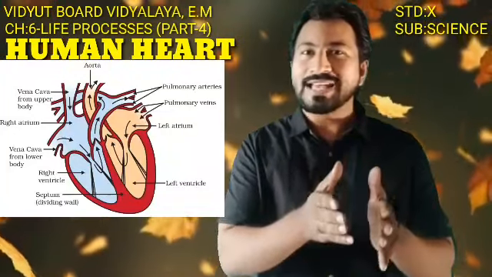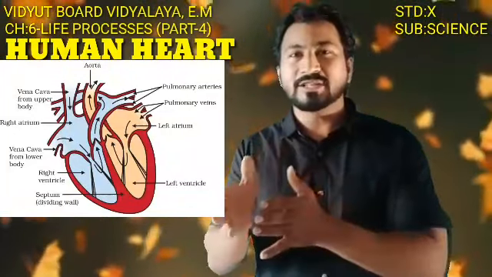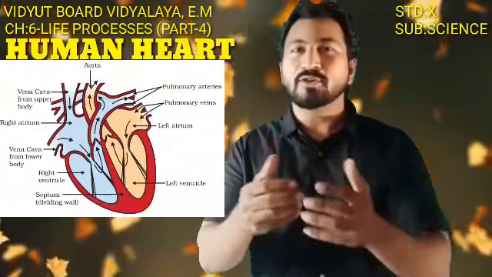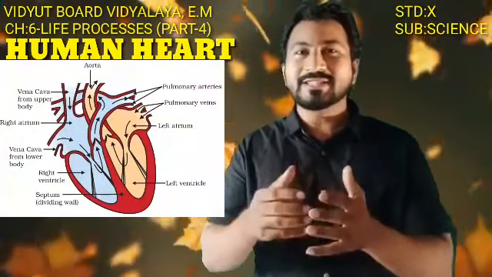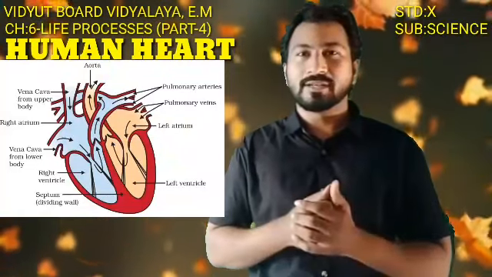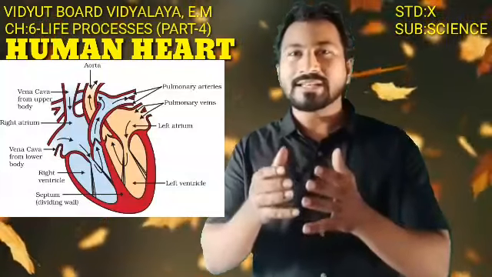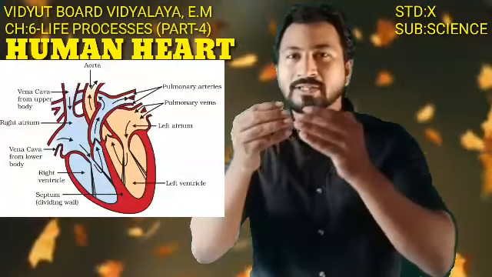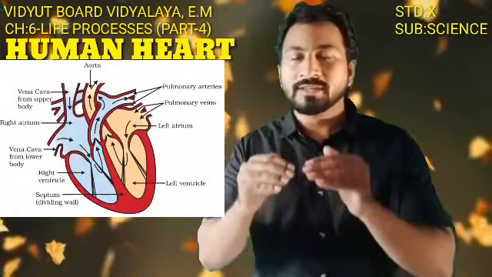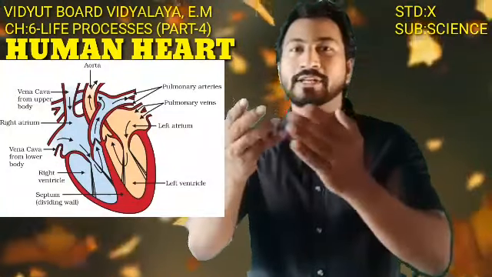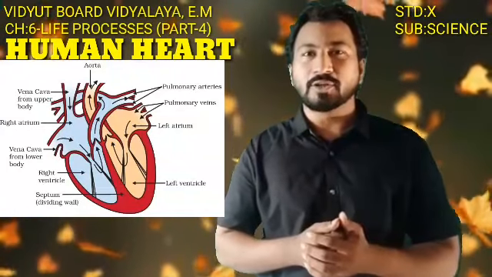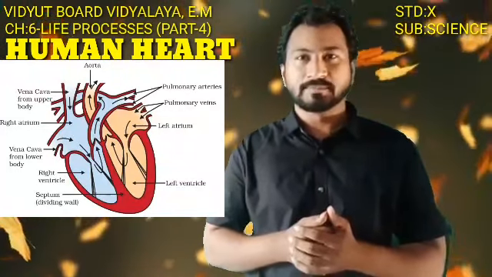So tricuspid has three openings and bicuspid has two openings. Now what are the functions of these valves? These valves do not allow the backward flow of the blood. It means once the blood has come from the auricles to the ventricles, it will not go back from the ventricles to the auricles again. So that is the typical structure of the human heart.